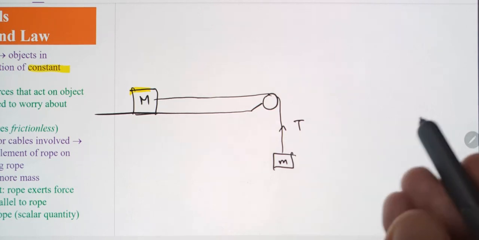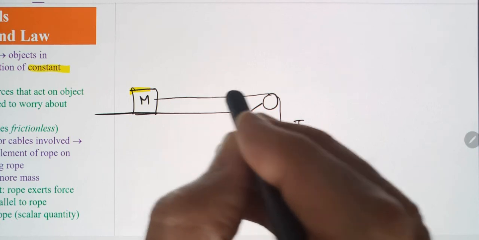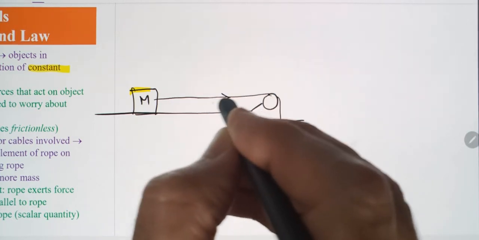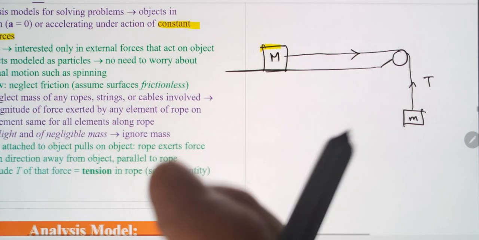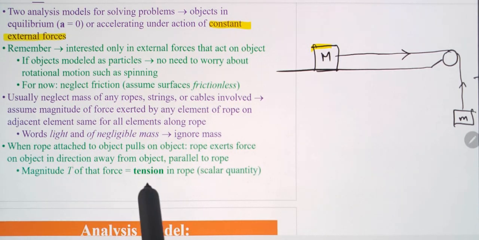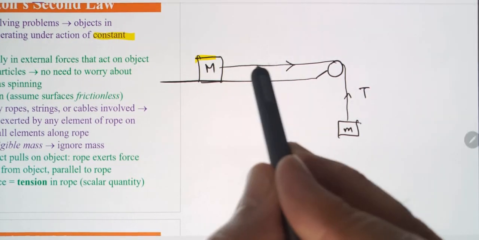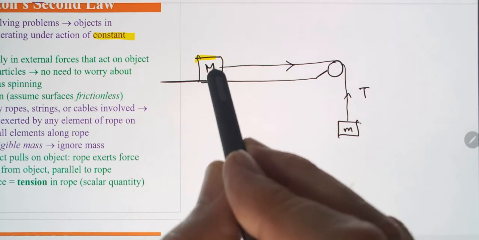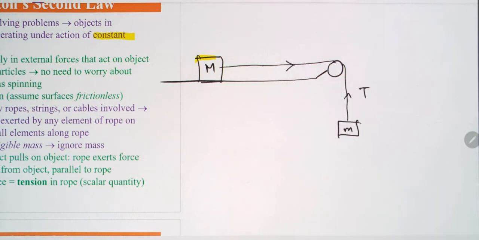It's pulling up and we can consider it here, tension. It's pulling this way. So don't be confused, because when we solve the problems, the magnitude T of that force, the tension in the rope, is a scalar quantity. So yes, here the tension is pulling up, but when we look at the tension on this mass, it is pulling from left to right. So don't be confused with that.